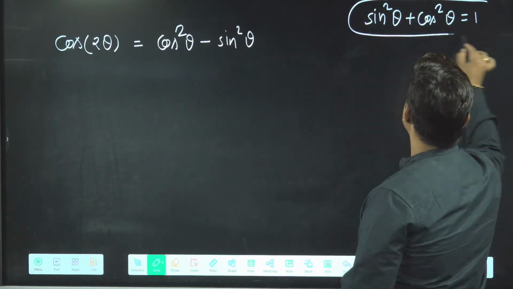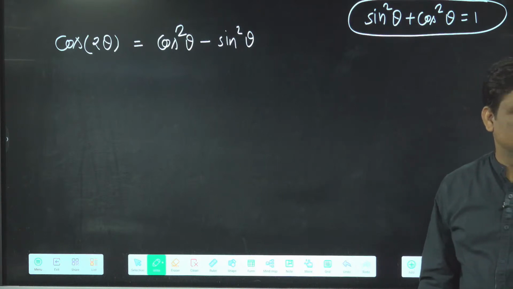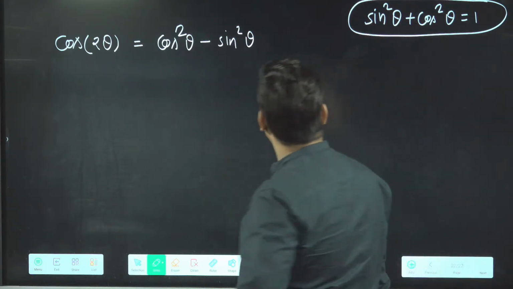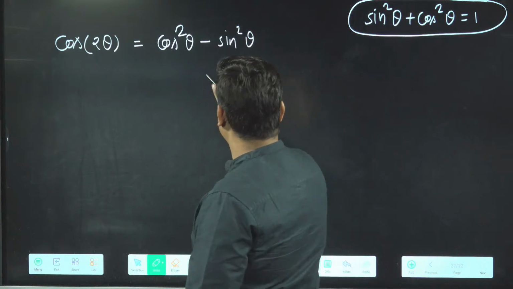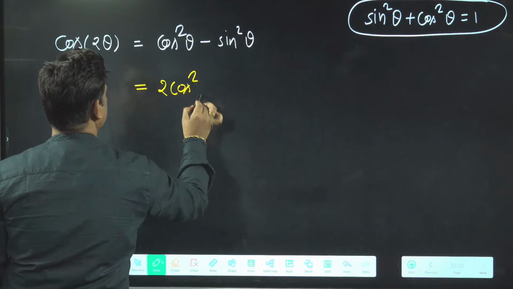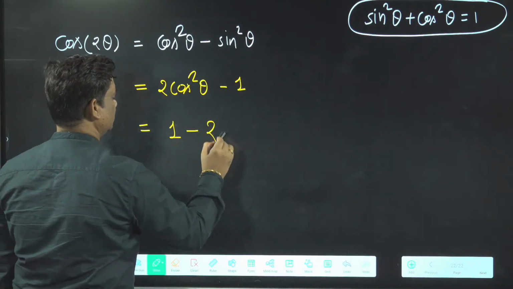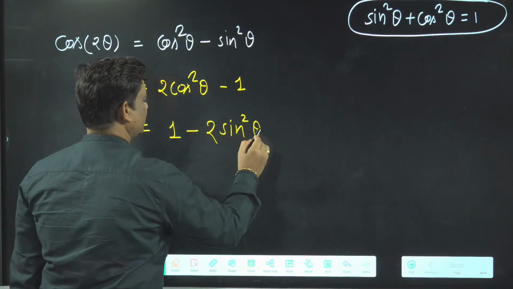You know this? So here I can write this as 2 cos square theta minus 1, or we can write 1 minus 2 sin square theta.